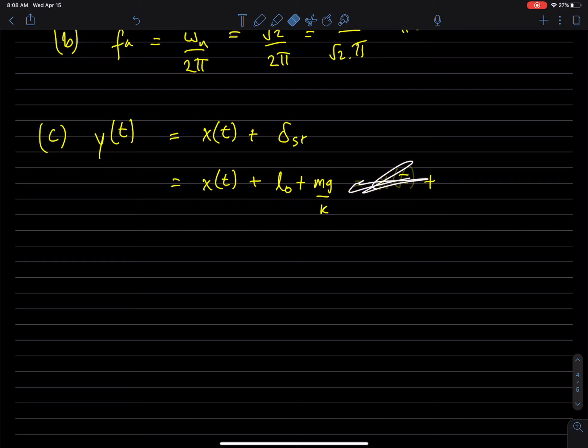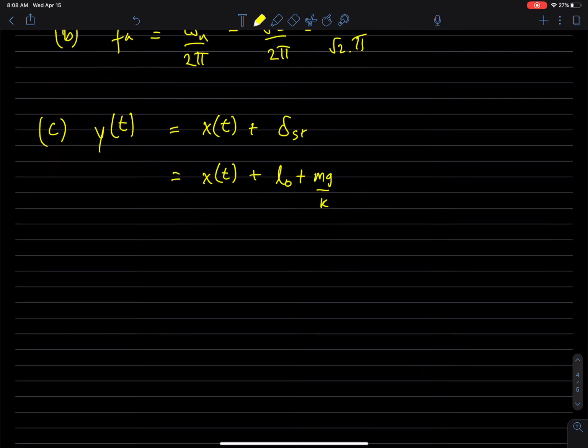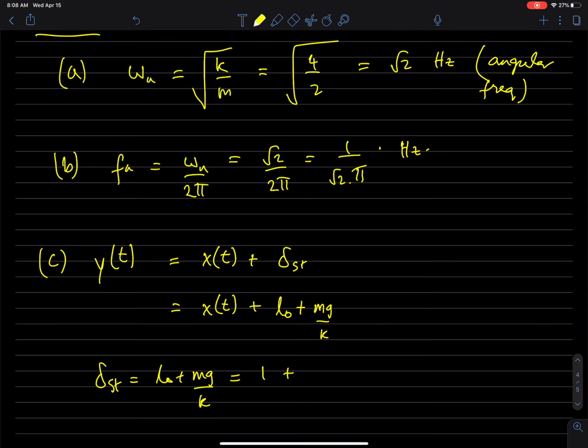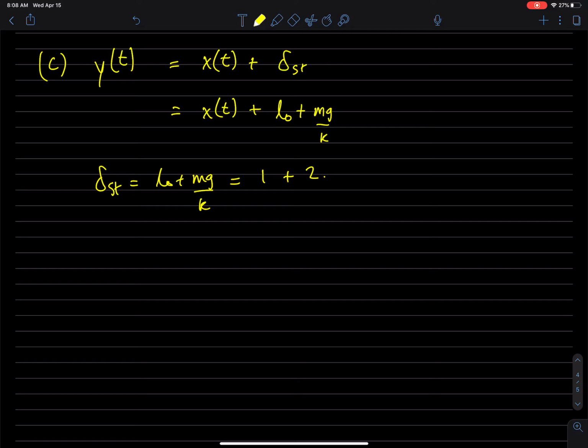So let me just compute the static equilibrium separately. So delta st is L naught plus mg over k equals 1 plus mass is 2 kilograms, g is, let's say, 9.81, divided by k, which is 4.